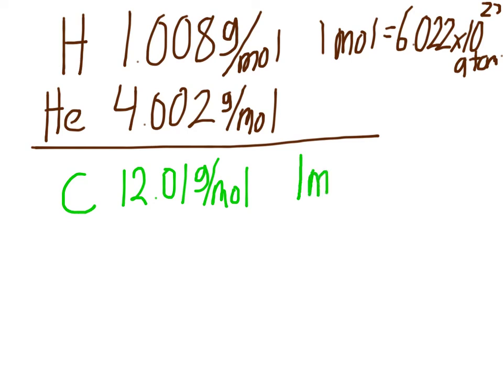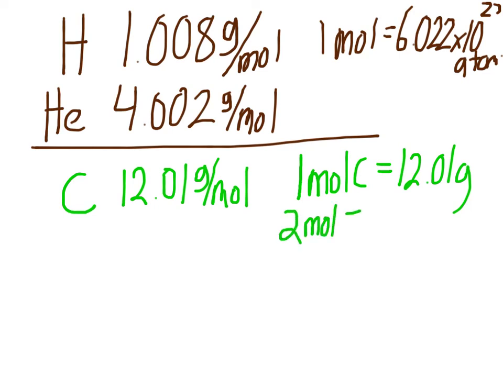So we know in 1 mole of carbon there are 12.01 grams. If we had 2 moles of carbon, we would have 24.02 grams. Alright, this is making sense.